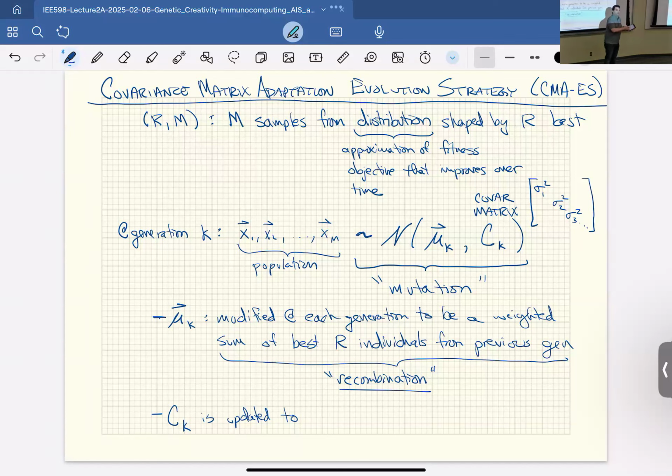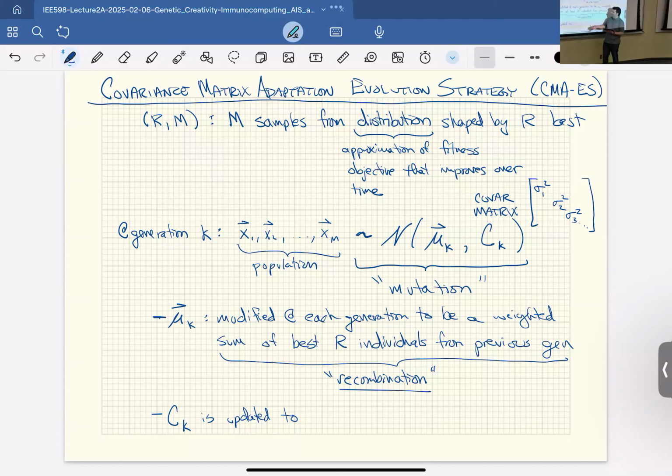So in the previous generation, there was a certain evolutionary pathway that you walked through. And it said that I went from a candidate solution here and I stepped to a candidate solution here and I got a huge increase in fitness. So it captures kind of a gradient direction there.